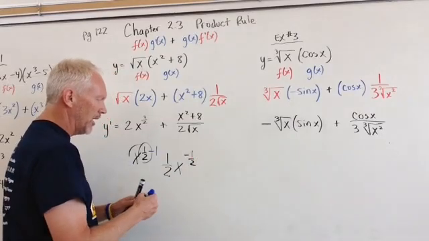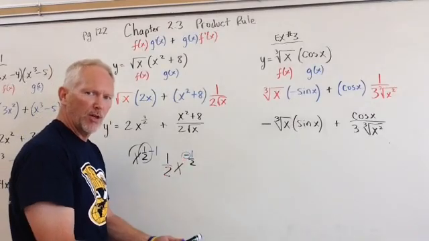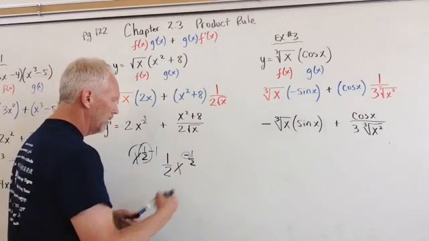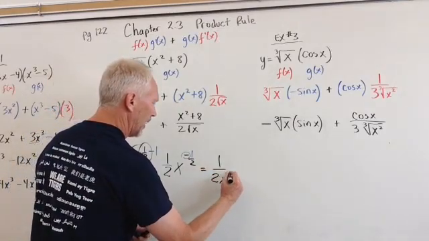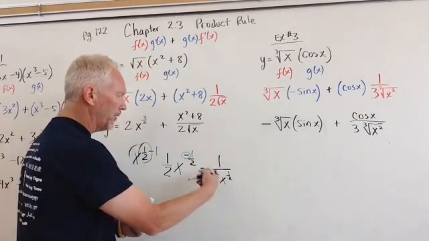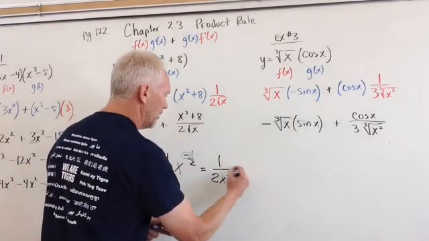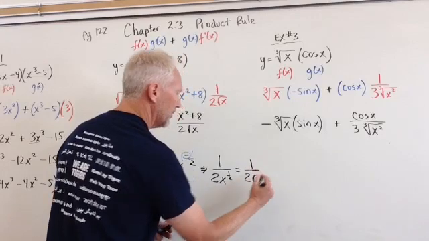Anytime we see this negative, it immediately tells us that we need to go to the denominator. Bring it down. So then we get 1 over 2 times x to the 1/2 in the denominator. And the 1/2 power is just the square root, so that is equal to 1 over 2 root x.